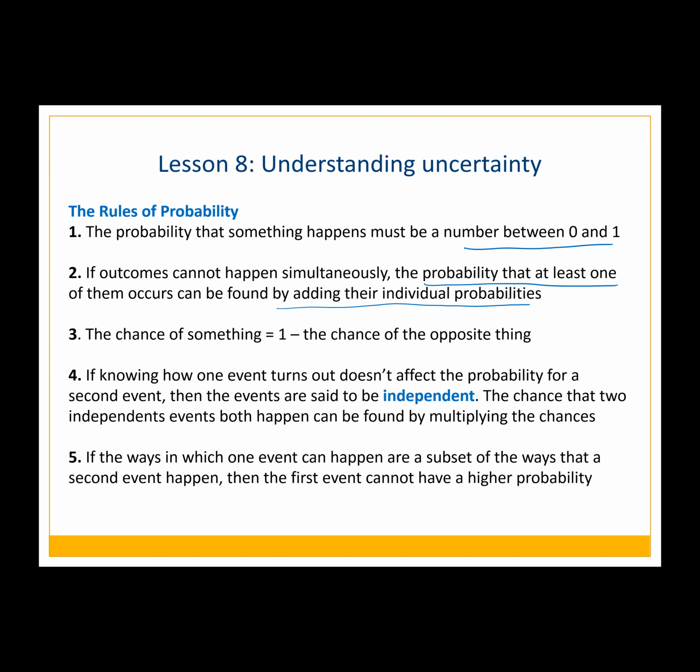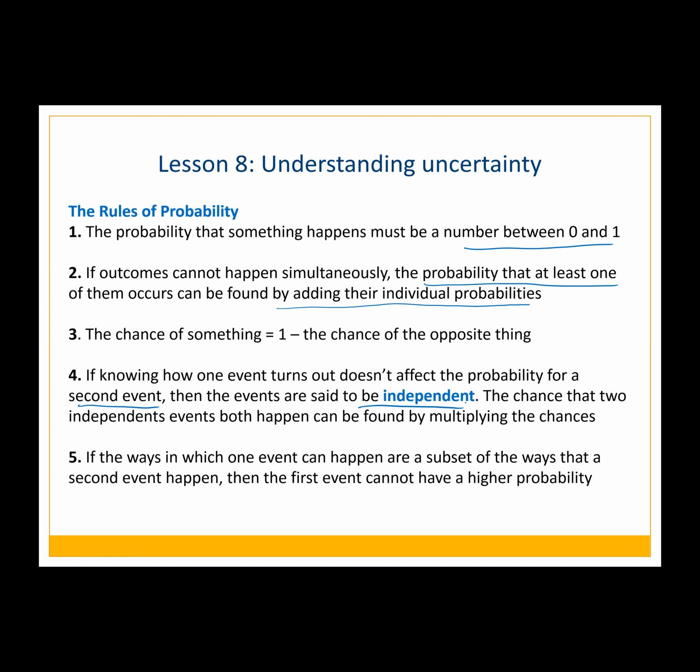Fourth, if knowing how one event turns out doesn't affect the probability of a second event, then we say the events are independent. The chance that two independent events both occur is found by multiplying the chances. Because they're independent, you need the first one to happen and then the second one to happen, because it's an "and" and not just an "or".